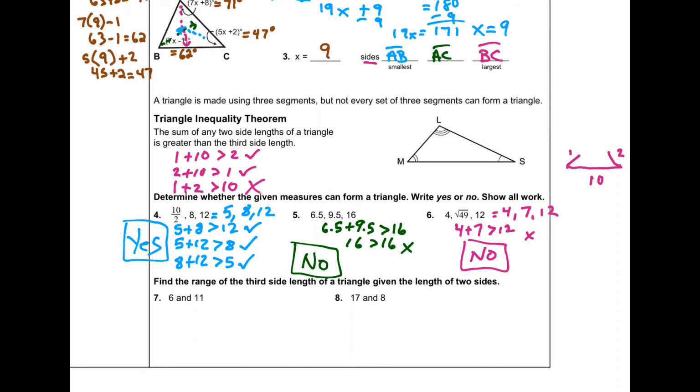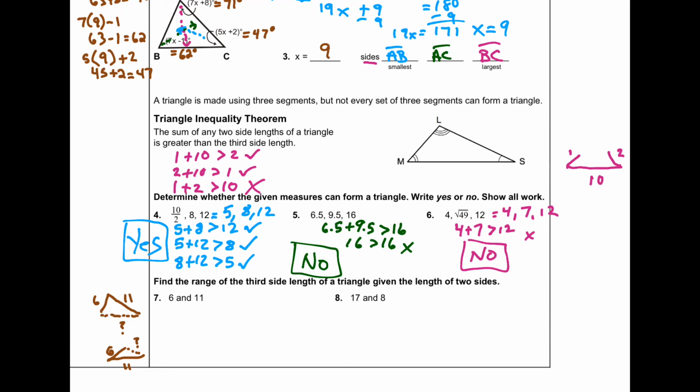So I could run into these two triangles. In order to figure this out, we have to figure out what that other side could be in order to add up correctly. And it's actually not too shabby.